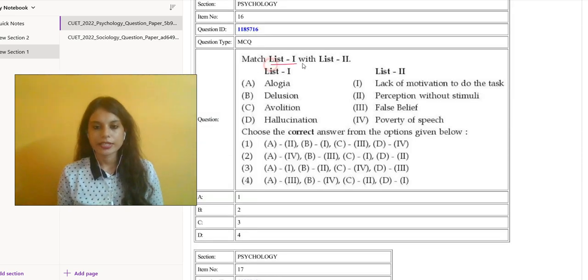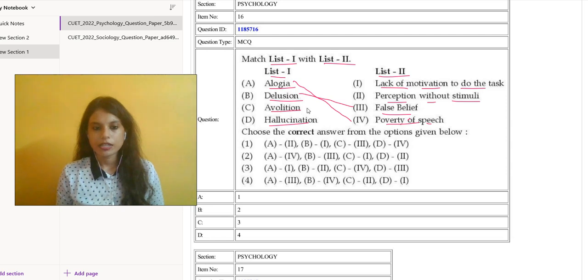Here we have list 1 and list 2. List 1 says alogia, delusion, avolition, hallucination. List 2 says lack of motivation to do the task, perception without stimuli, false belief, and poverty of speech. So this one, let's set alogia with poverty of speech. Let's set delusion with false belief.